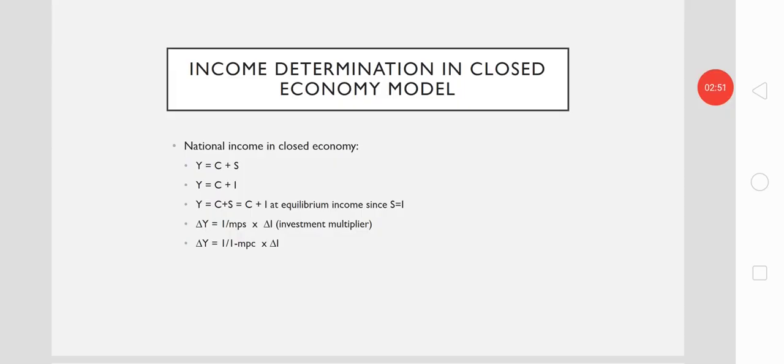So it is pretty clear that in a purely closed economy model, where there is no external sector, where there is no export and import, the income is completely determined by consumption expenditure plus saving, C plus S. So Y is equal to C plus S. As saving is equal to investment, Y is also equal to C plus I. C refers to consumption expenditure and I refers to investment expenditure.